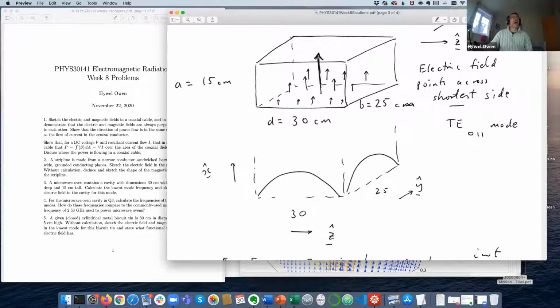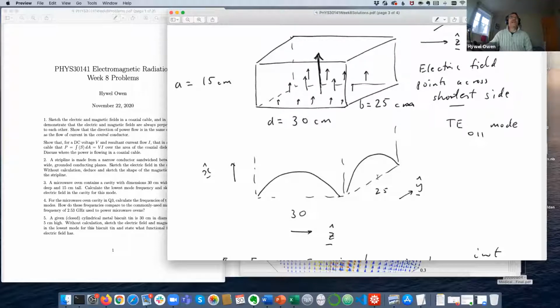So that means it's pointing upwards at the surface at Z equals 0, and at the surface at Z equals D. But because its strength has fallen to 0, it satisfies our boundary condition that the parallel component of the electric field is 0 at Z equals 0, and it's also 0 at Z equals D.